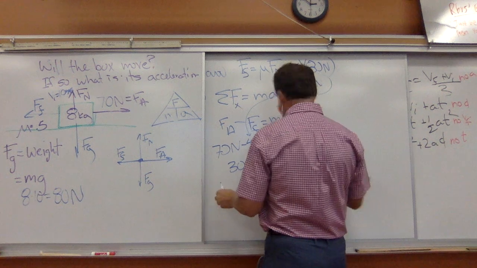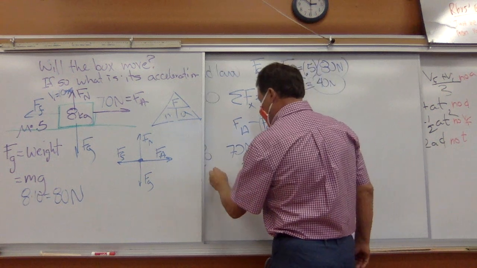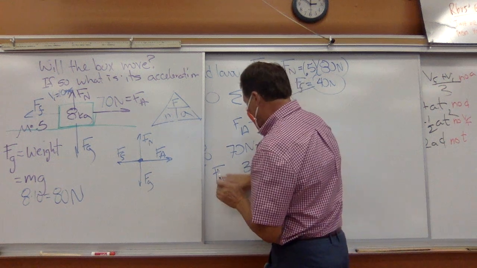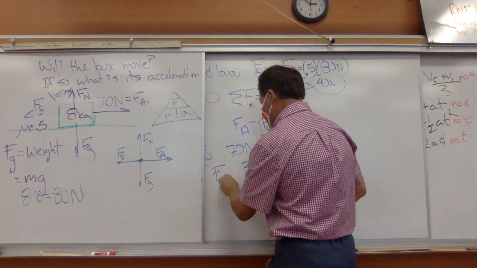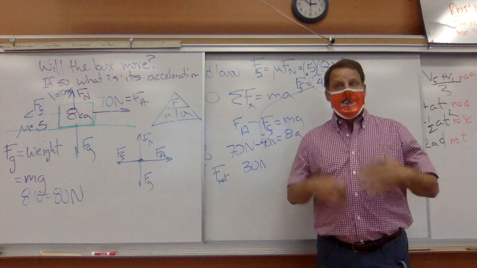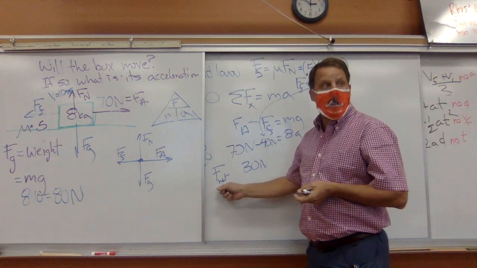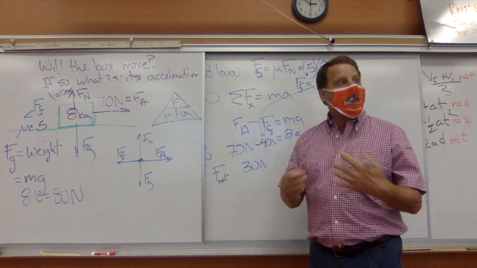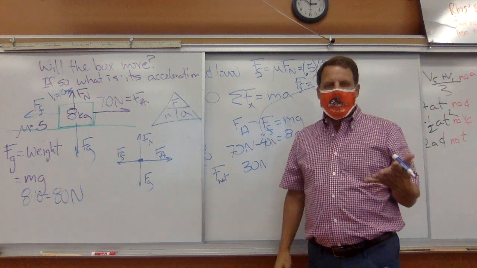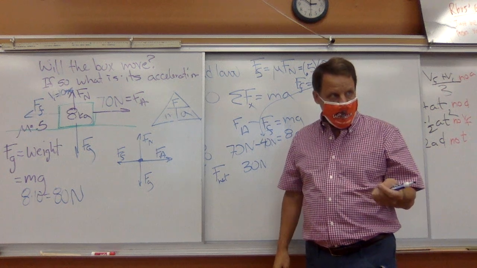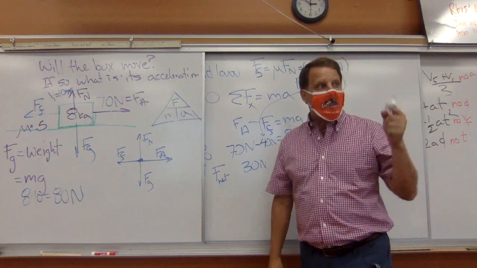Now, you guys, another way to say that is our net force. After we add everything up, that is our net force. So it's just another way to say after you get everything added up, it's what your net is.